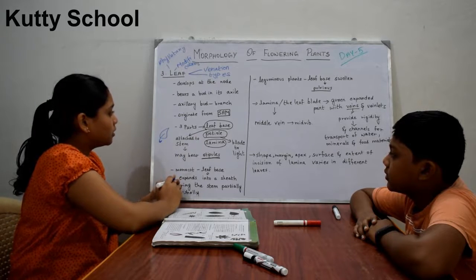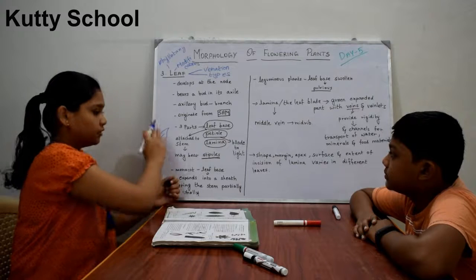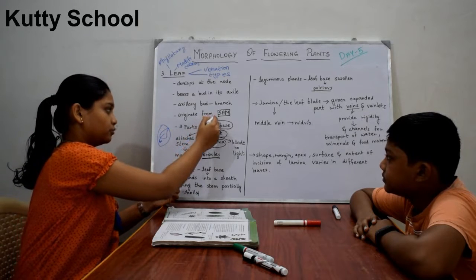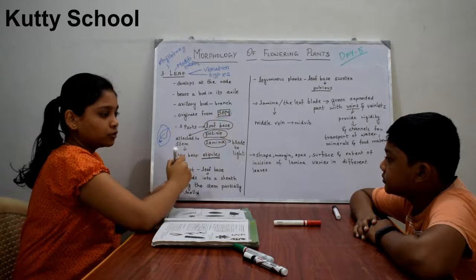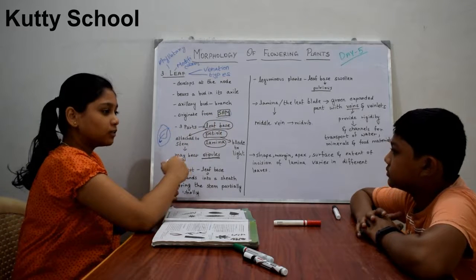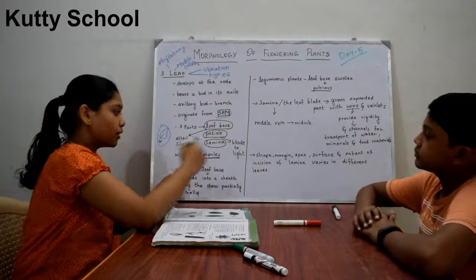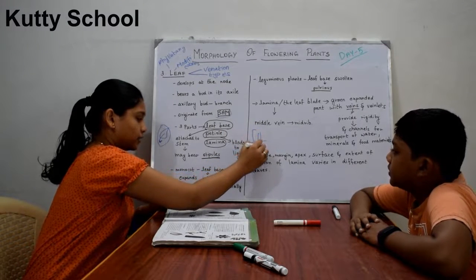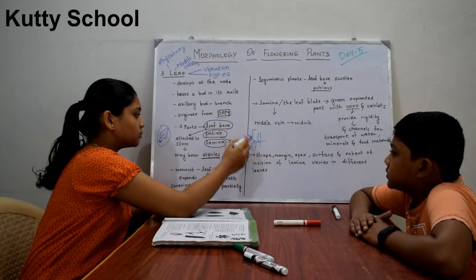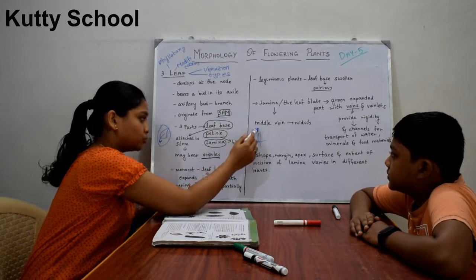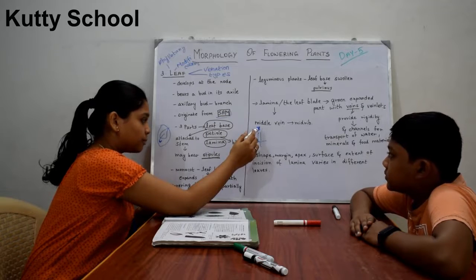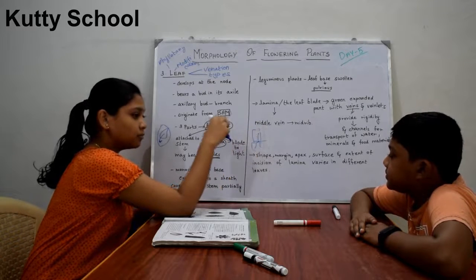These leaves generally originate from the shoot apical meristem. Shoot is the upper part of the plant, and root is the lower part. The shoot apical meristem is at the top of the shoot, known as the apex.